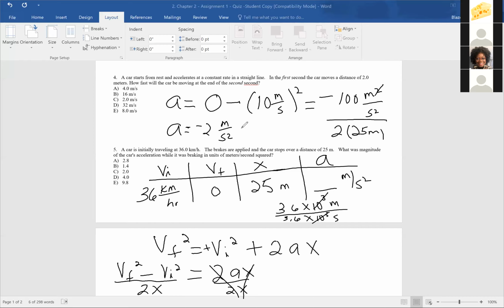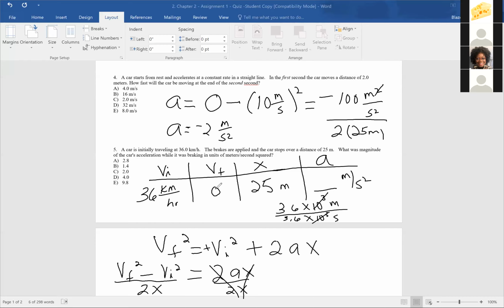Now, I wanted to show you this answer because what I asked you for was, what was the magnitude of the car's acceleration? Now, you know when you're driving and you take your car from a higher speed to a lower speed, you have to be applying your brakes. So what is the word that we use when we say the car is braking?